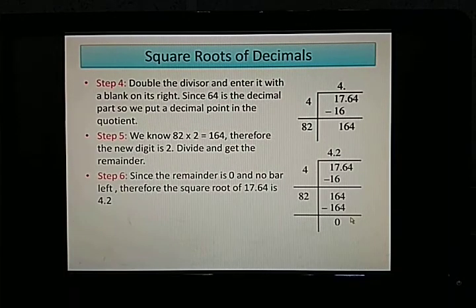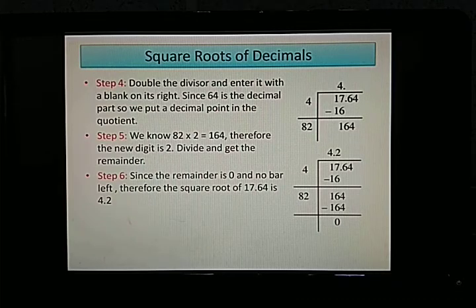So in all the methods we have seen, first of all we have to place the bar properly. After placing the bar, we have to find a number whose square is less than or equal to that number.